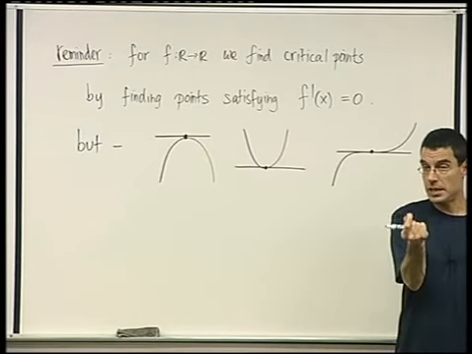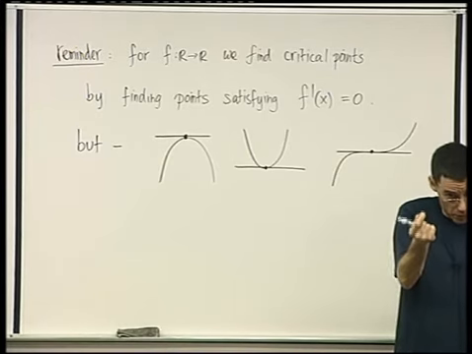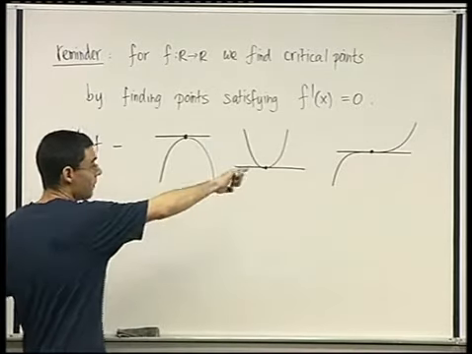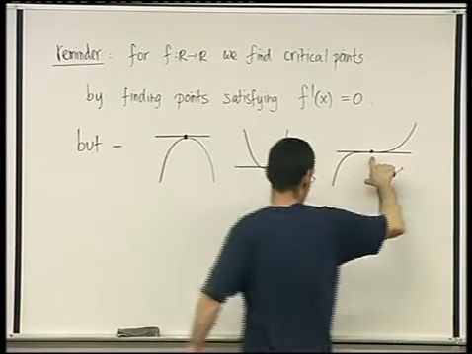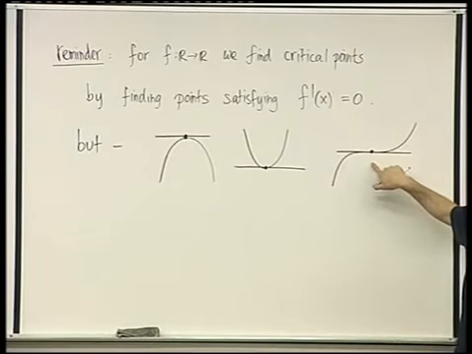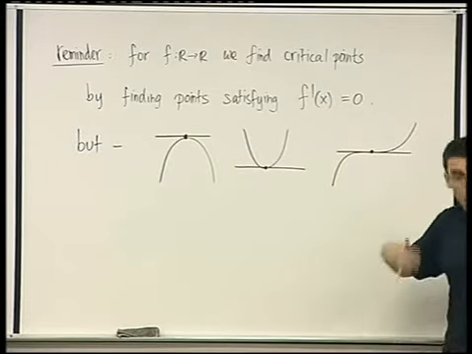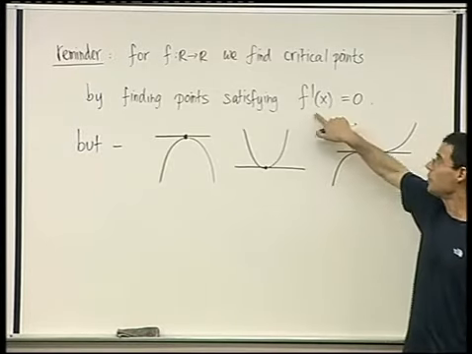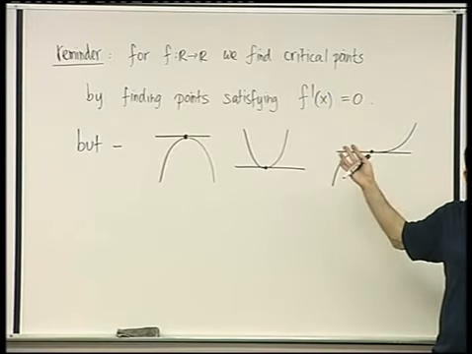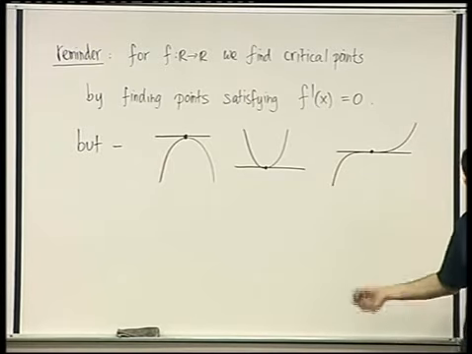The minimum is at 0, but it's not differentiable there, right? Do you agree? Okay. So there's the issue of imposters, points that satisfy this but are not really extrema, and there's the issue of seeking points that are extrema but cannot be found using this search method. Clear?